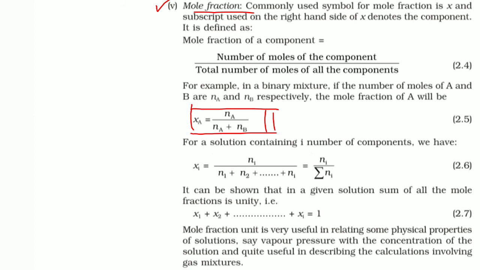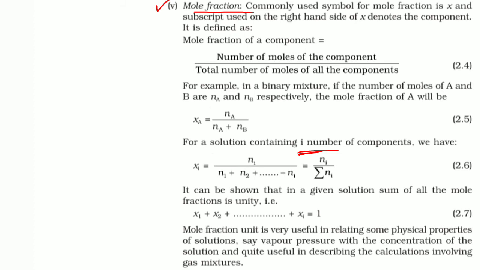So what about the other solutions? A solution may have many solutes present inside it. In case of that type of solution, let's suppose I number of components are present, and we want to calculate the mole fraction of the ith component.